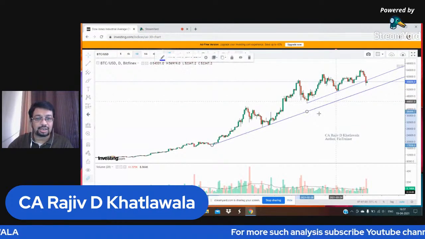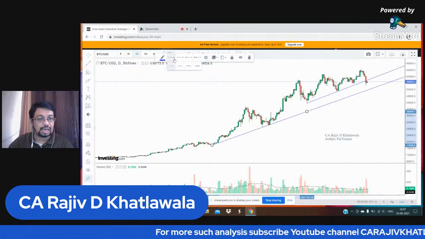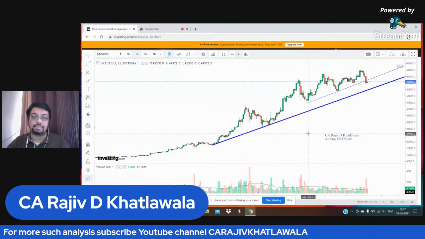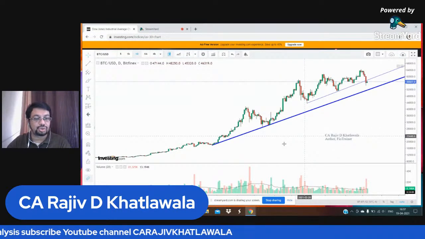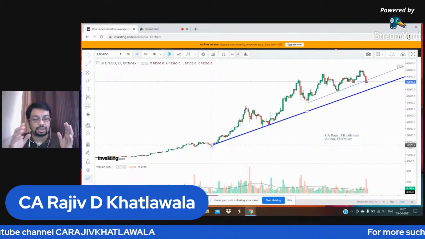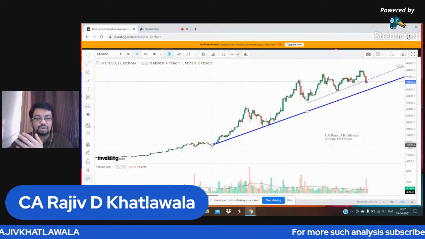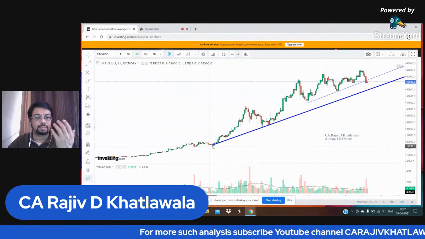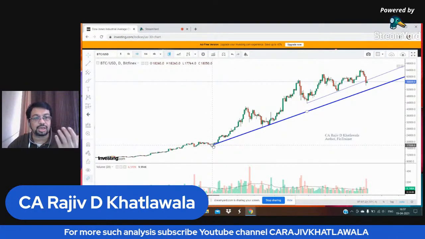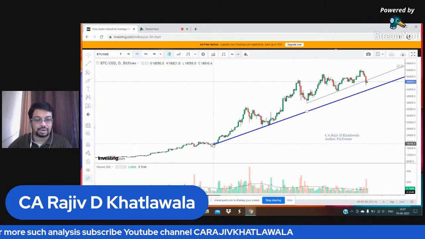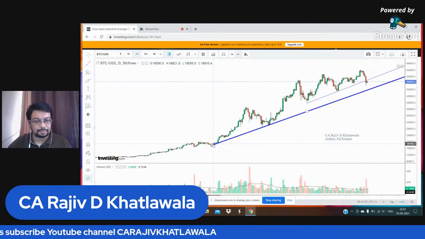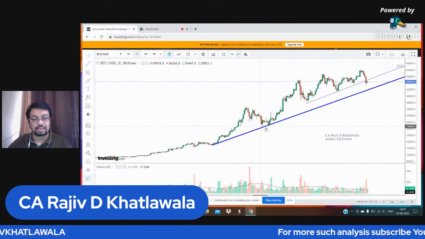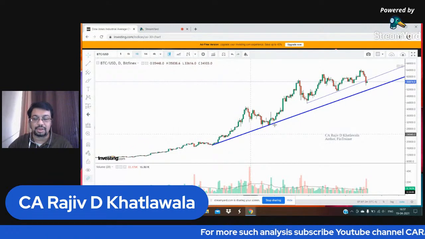This trend line which I have just drawn, I will thicken, because it is called a major trend line. It is joining the lows from the point where the majority of the uptrend started, which was at around 17,700, approximately 18,000. From there, the major move started.